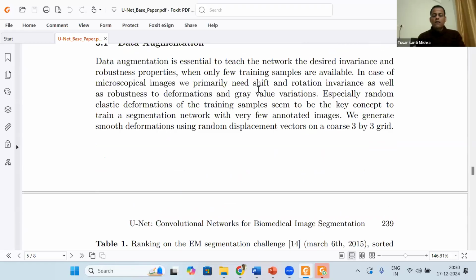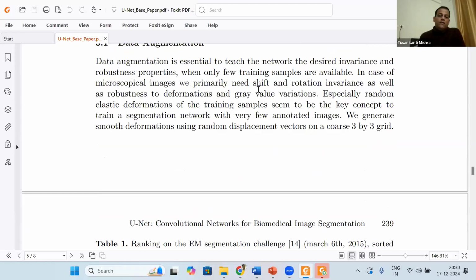Augmentation is necessary because it teaches the network the desired invariance and robustness properties. It is necessary when a small number of training image samples are available.